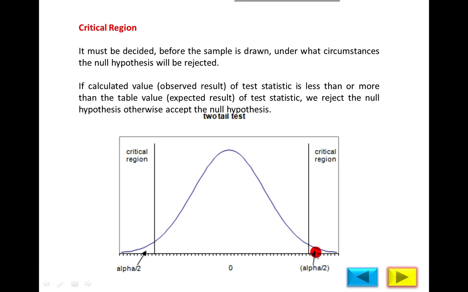This area is alpha upon 2. If you choose alpha equal to 5%, we divide the 5% into two equal parts, so this will be 2.5%, and this will be 2.5%, or 0.025 each. This middle area is the 95%.